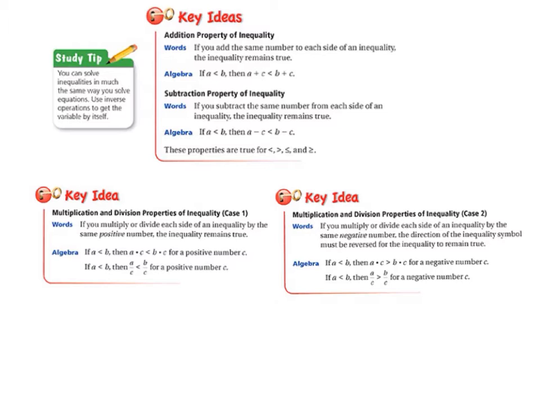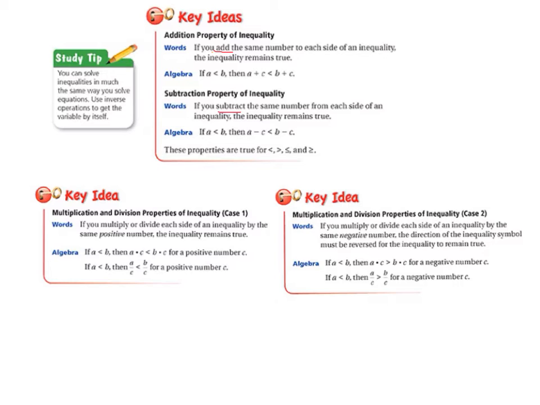If you add the same number to each side of an inequality, the inequality remains true. And if you subtract the same number from each side of an inequality, the inequality remains true. So that's exactly like what we do with equalities.